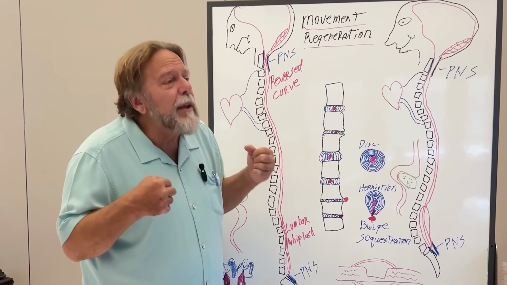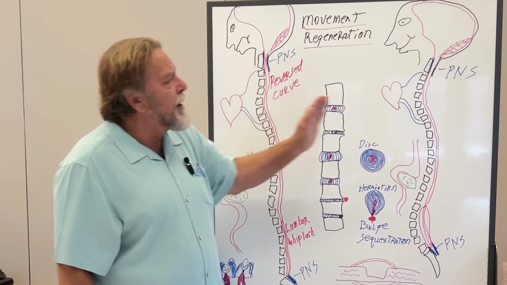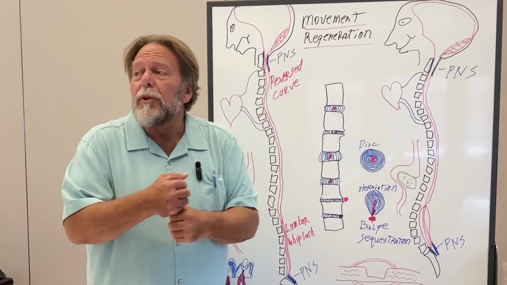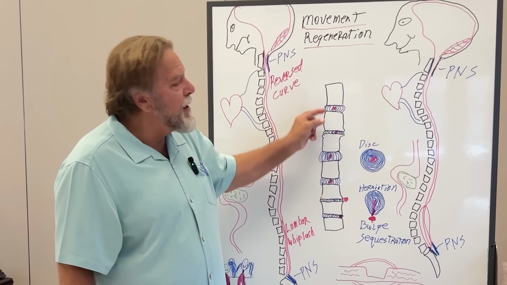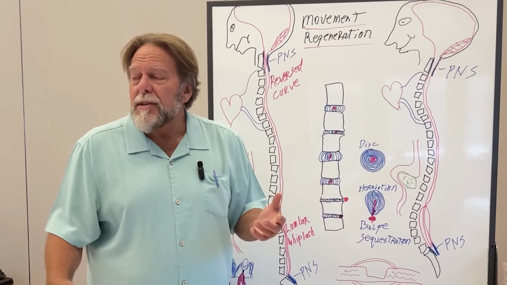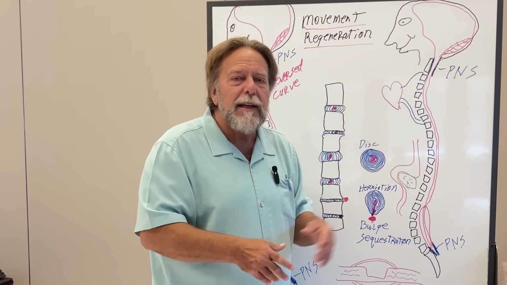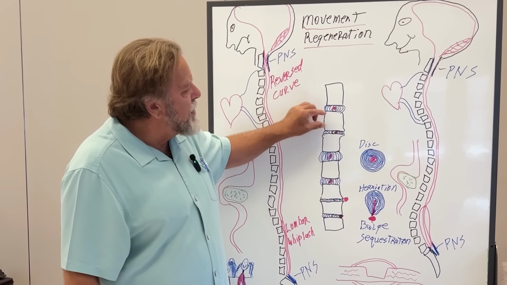Then if you give exercises to go from the loss or reversal of the curve to restoring the normal curve, you restore the normal force loading. Normal force loading causes that disc to regenerate. This is why we do pre and post x-rays at 30, 60, 90, and 120 adjustments, so we can document that those discs get larger.